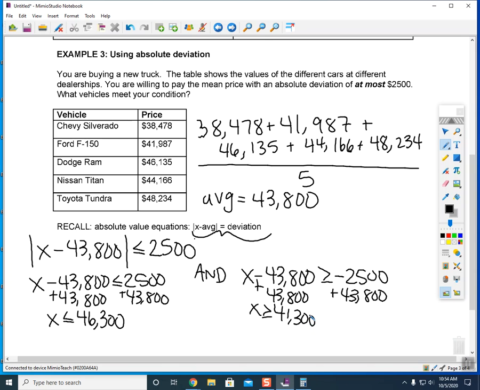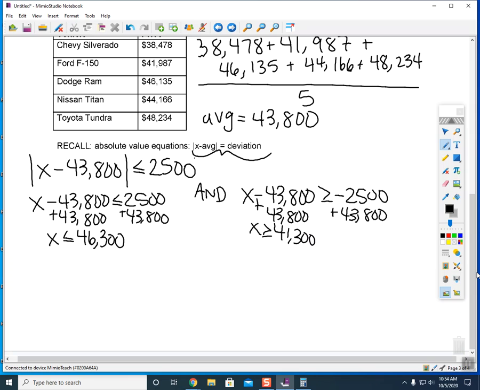This is an and statement, which means that I can write one long inequality. My minimum is 41,300 is less than or equal to x is less than or equal to my maximum, 46,300. So the truck that I'm going to buy needs to be between $41,300 and $46,300.